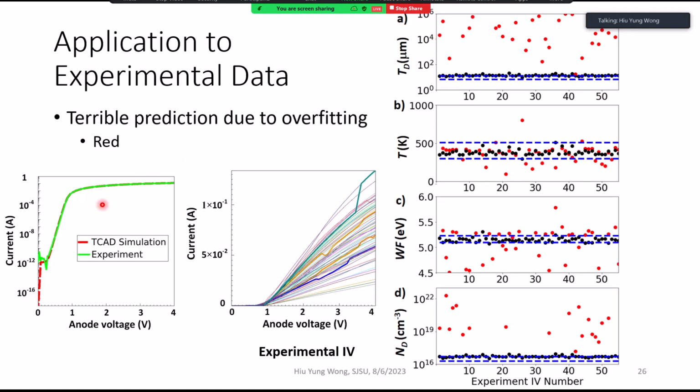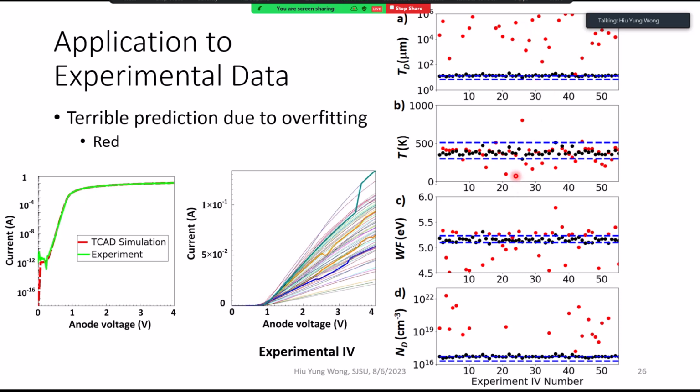I just want to tell you that we did do a very good calibration. The experiment is the green one. The red one is the simulation. This is the calibration of the data, right? A very good calibration. But now if you look at the prediction, which are the red points, it predicts the thickness to be even 1 meter long, which is supposed to be in the micron order.